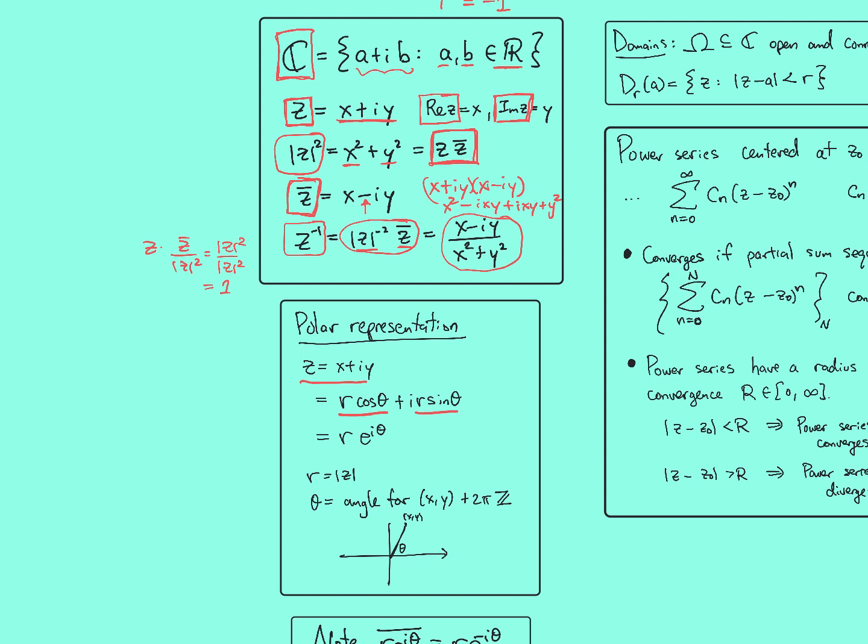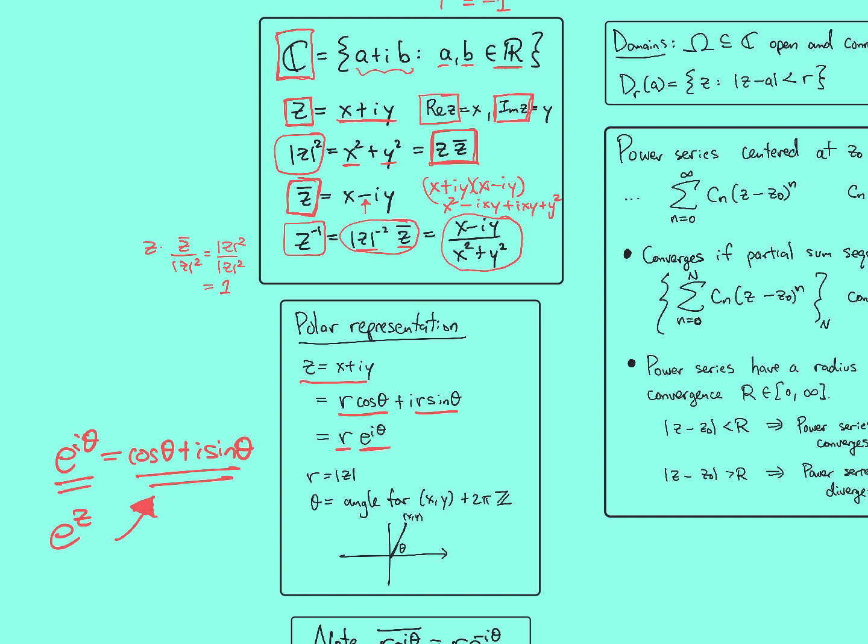And when we write it this way, we factor out the r, and then e to the i theta is given as cosine theta plus i sine theta. And for right now, this can be considered a definition of e to the i theta, or if you do things kind of properly in a complex analysis course, you can define e to the z for complex numbers first and deduce an identity like this.